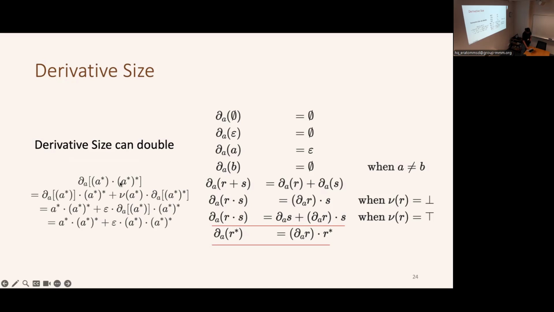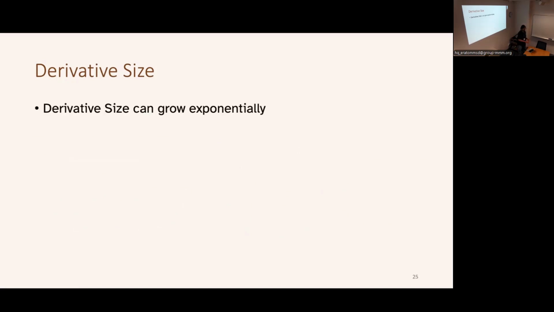We started with this expression, which is kind of pathological, but if we compute these rules, we see that this expression indeed occurs twice in the result. So if we get multiple characters in the input, the size of the derivatives can grow exponentially. Here it's exponential in terms of the length of the input, not the regular expression itself.